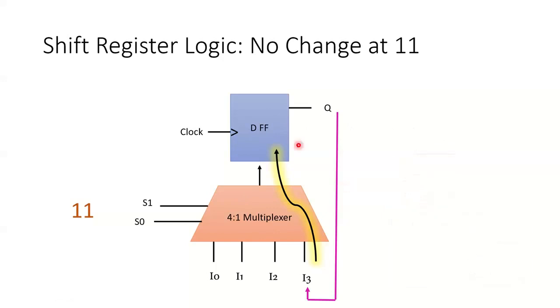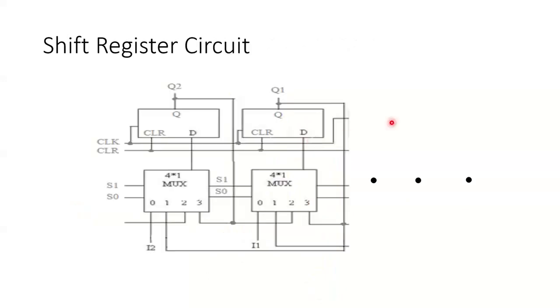So because I'm feeding it with the same data, it looks like it's staying the same, but you're actually refreshing it. Okay, now the entire circuitry kind of looks like this, but you have to remember this.